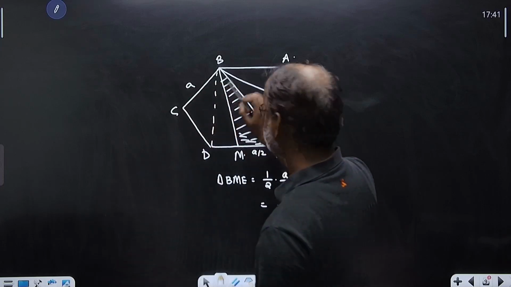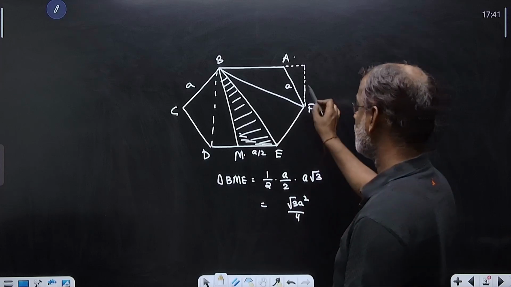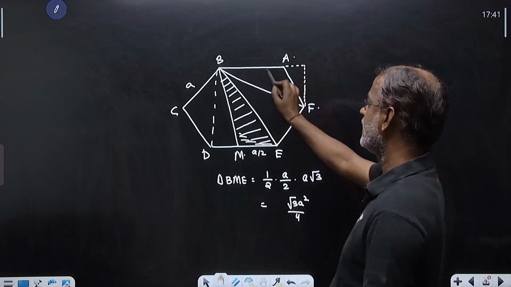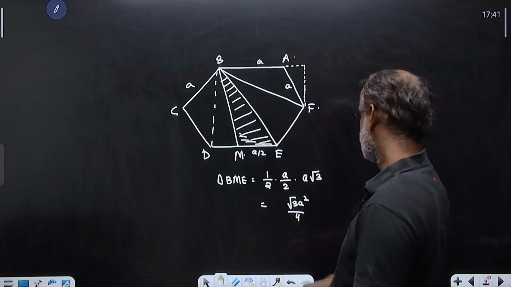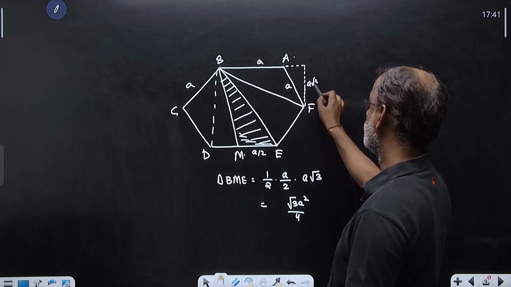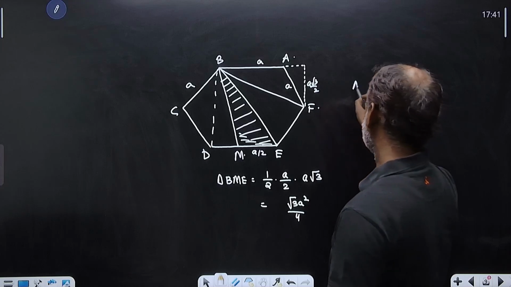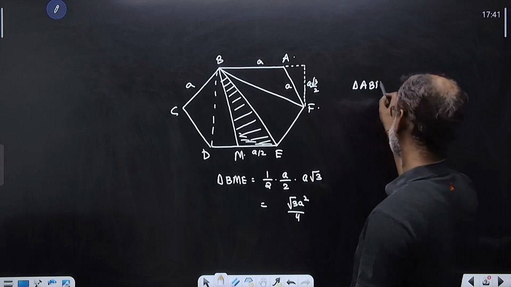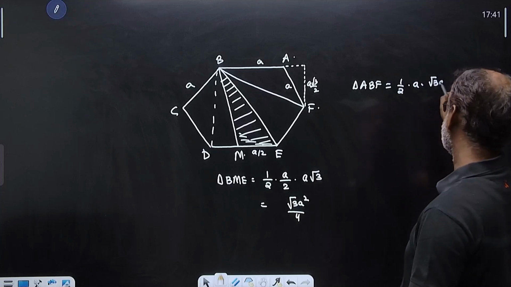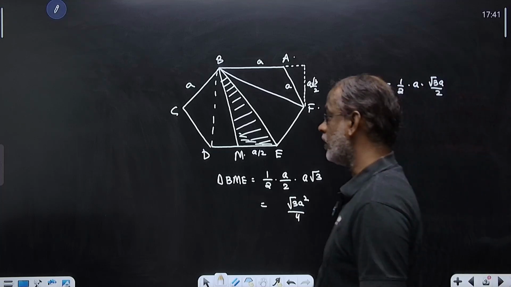And what is the area of this triangle? You can very easily see. This triangle you can also find, this is A and this height is A root 3 by 2. So, area of triangle ABF is half A into root 3A by 2, root 3A square by 4.